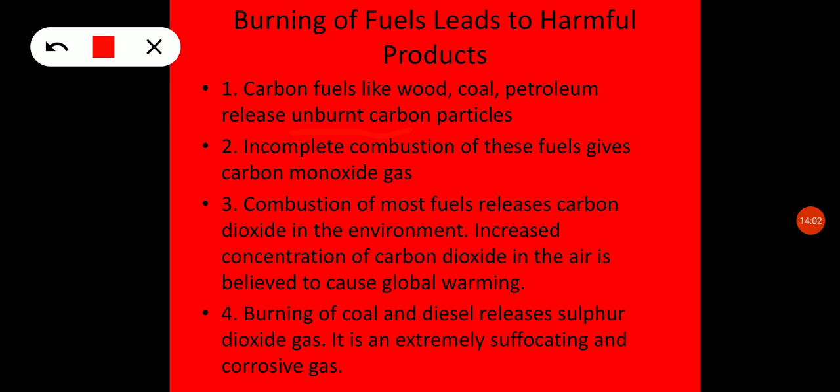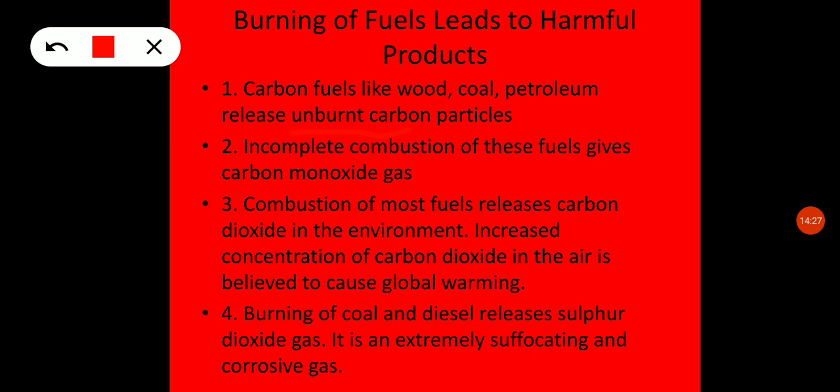So this will result in the melting of the polar glaciers. That will lead to the rise in the sea level. The sea level will rise and it will cause floods in the coastal areas. Okay. So all the low-lying areas will be submerged under the water. So this is the effect of global warming.